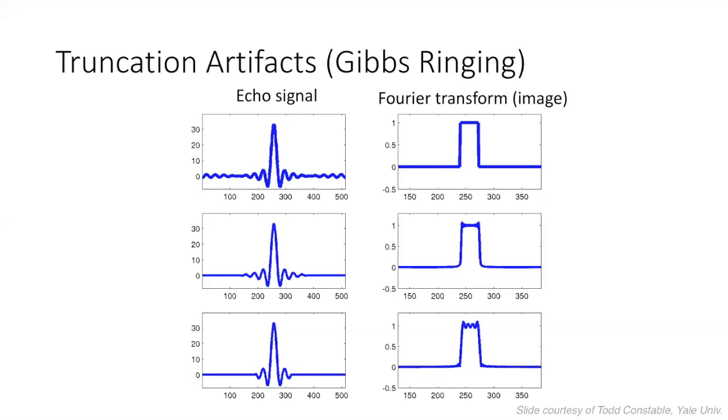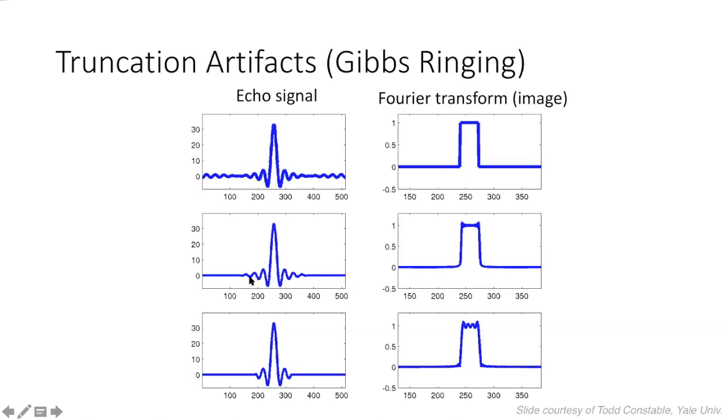Basically, if we just look at this 1D example, if you're able to sample infinite samples in your echo, when you do the Fourier transform, you get this nice rect.